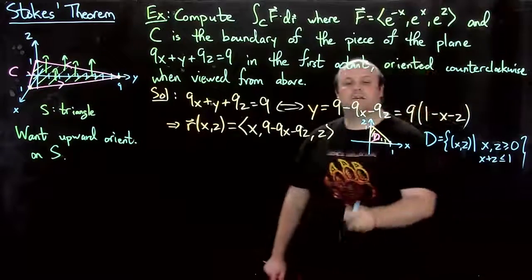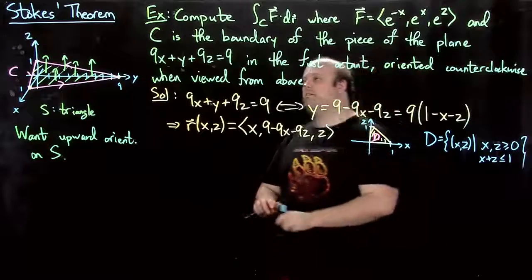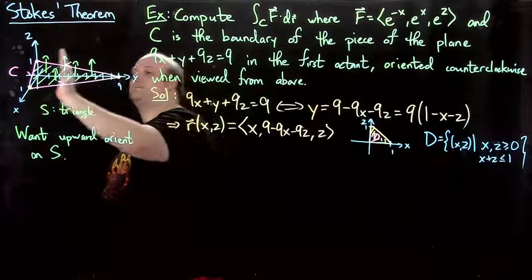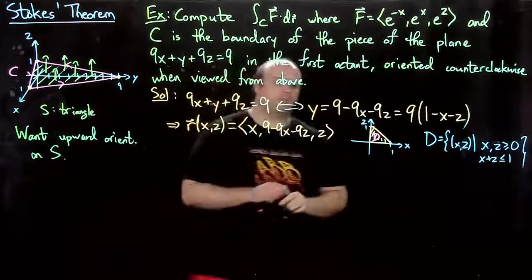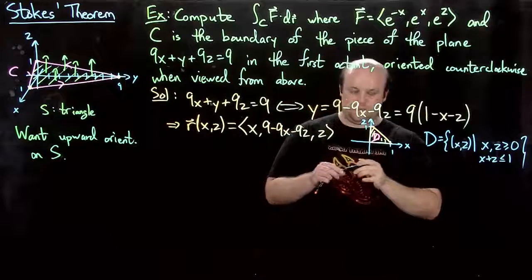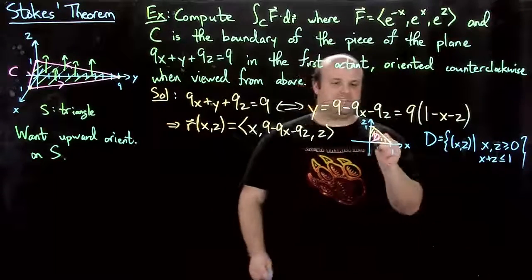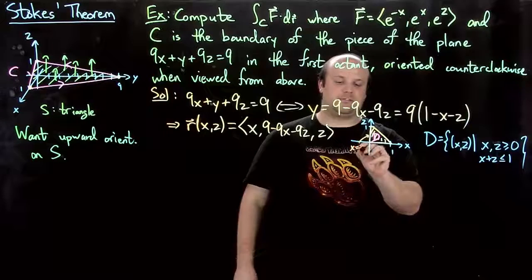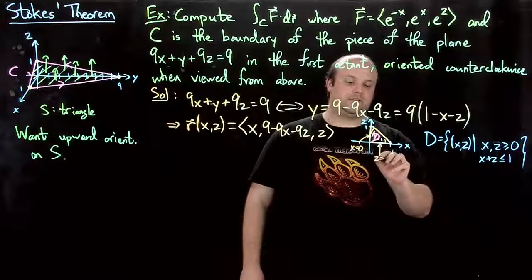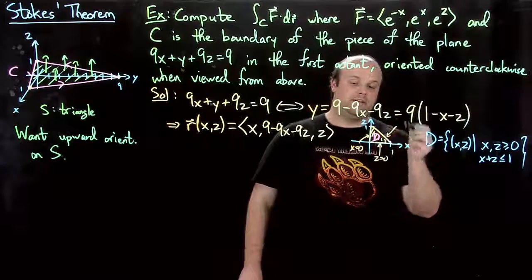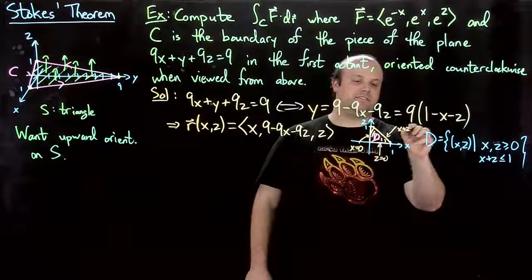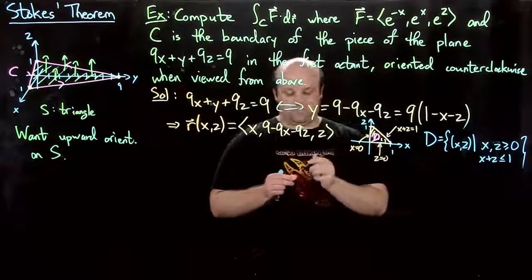So that's this triangle here, which is the shadow of this surface in the xz plane. This is the line x equals 0, this is z equals 0, and this is x plus z equals 1.